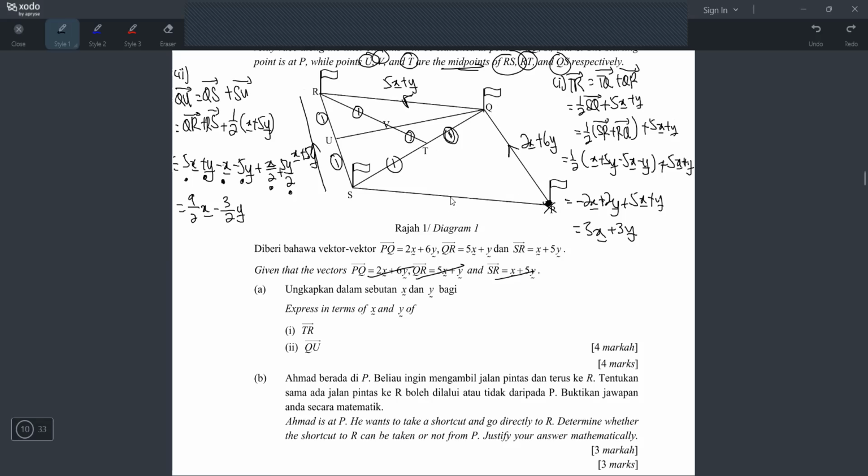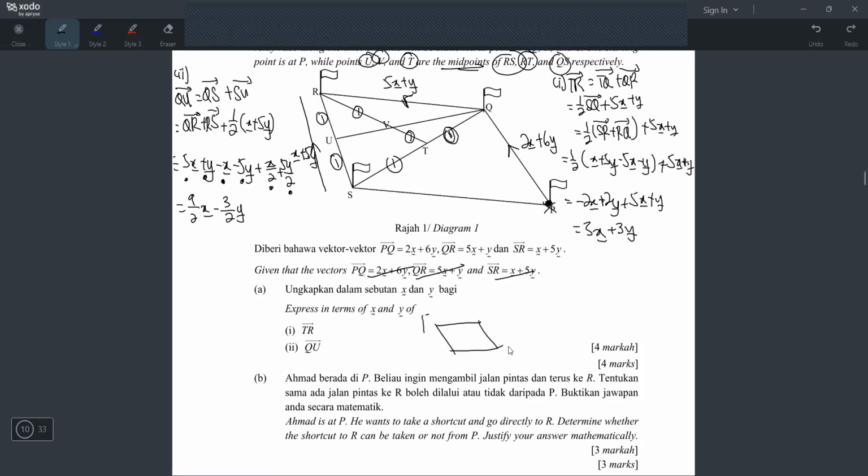Justify your answer. If you want to go from P to R, we have to make sure PTR has to be collinear. Then only can Ahmad use this shortcut. You know why? Let's just assume the points are like this.